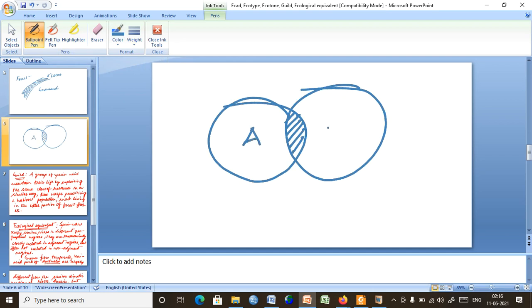There's a community A and community B. And these interconnecting portions, these are very much diverse in nature, and they show a much higher proportion, a much higher amount of diversity than the two interconnecting portions.